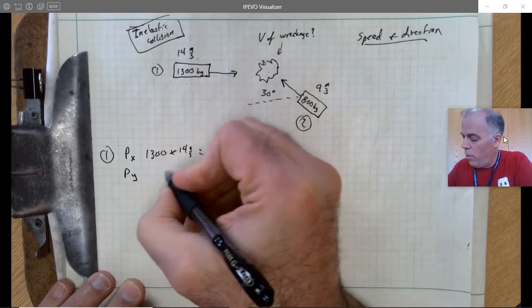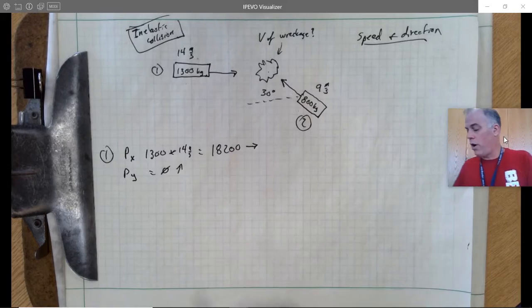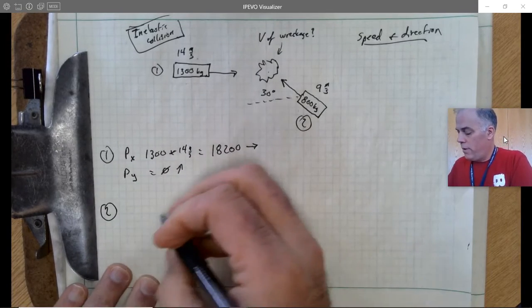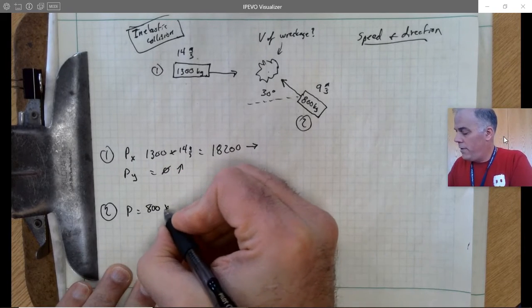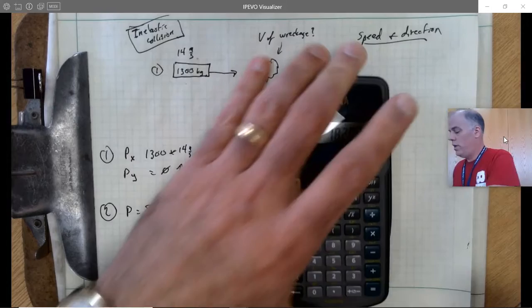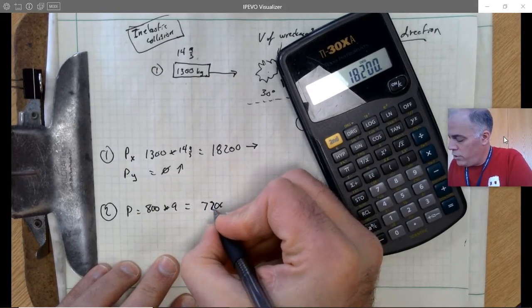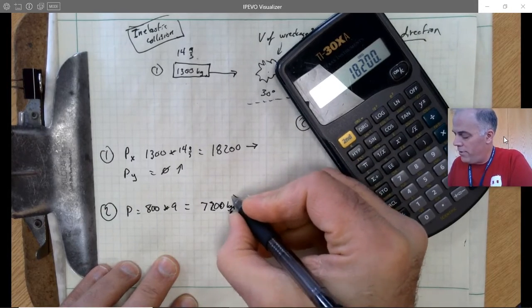And the momentum in the y is equal to 0, so no momentum upward for car number 1. For car number 2, the momentum is equal to 800 times 9, which equals 7,200 kilogram meters per second, and it's in that direction.